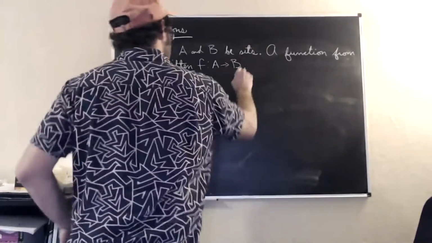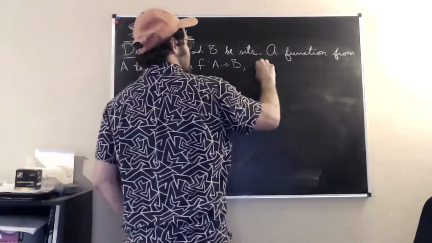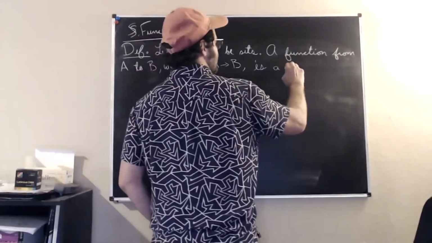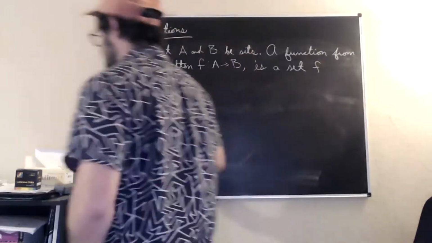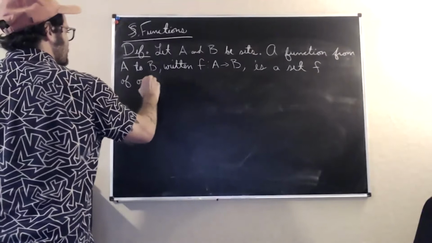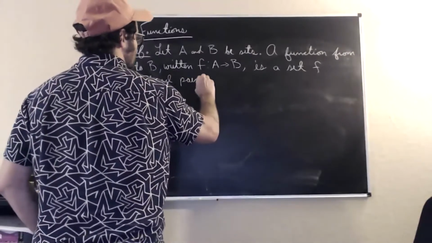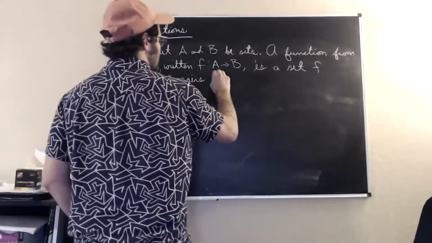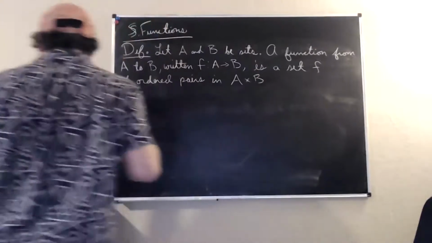Okay. Is a set F of ordered pairs in A Cartesian product B. Okay.